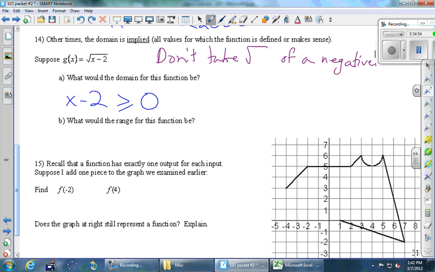That's what we're trying to avoid. Bigger than 0 is not negative. Equal to 0 is not negative. So we solve for x by adding 2, and we get x is greater than or equal to 2. And that's the domain. So all the x's bigger than or equal to 2.